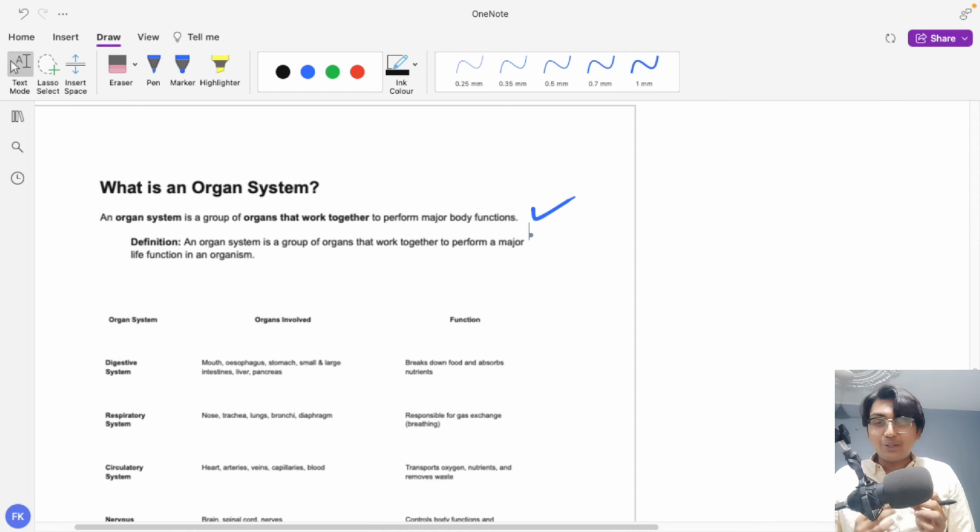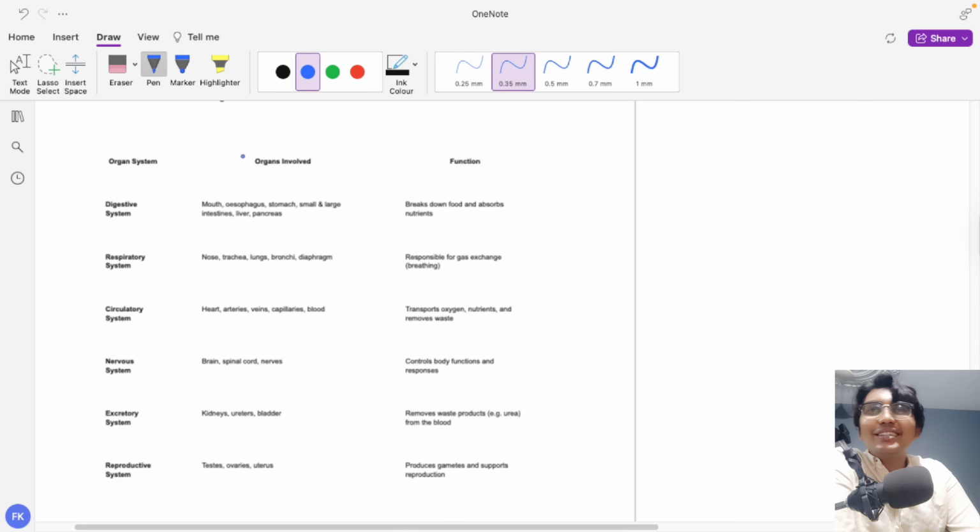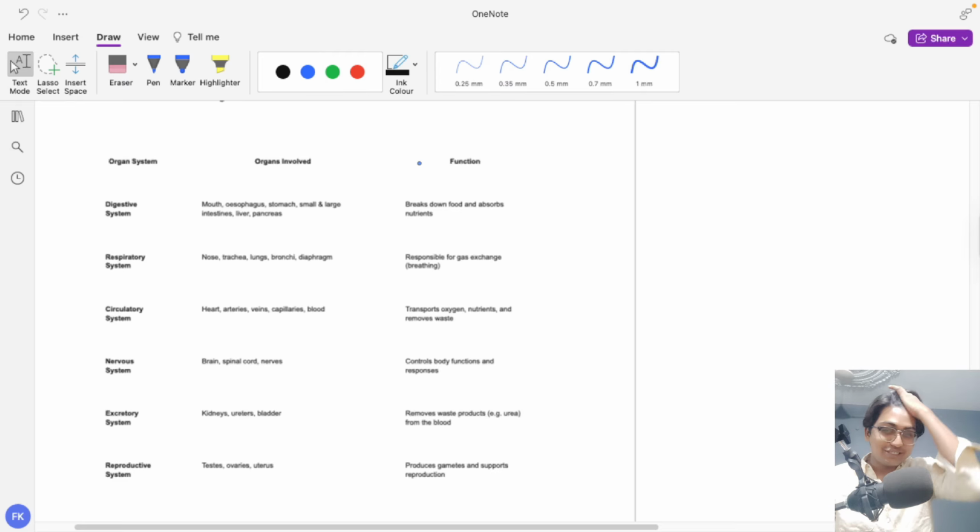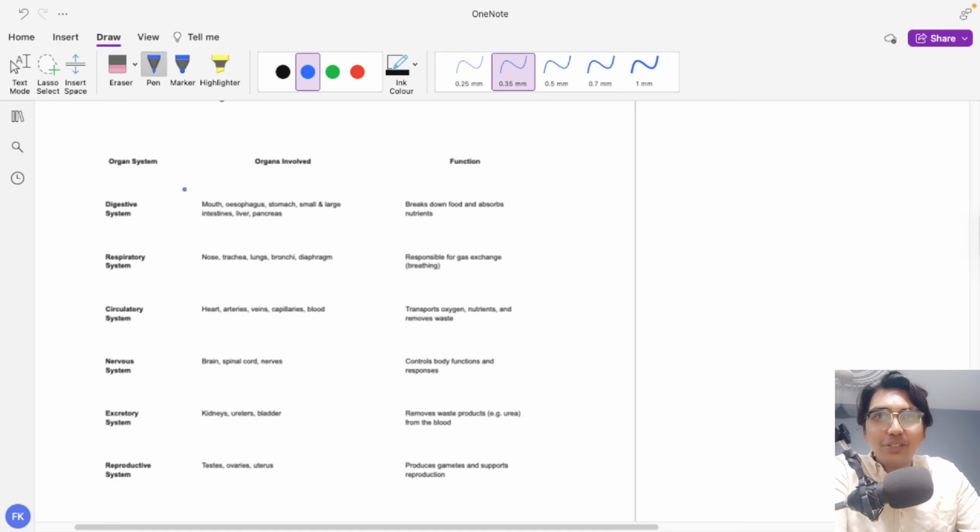Let's look at this. Let's look at the digestive system. The digestive system, as you can see, consists of the mouth, esophagus, stomach, small and large intestine, and liver, right? It has a very major function in the body, which is breakdown of food and absorption of nutrients, right? Now let's look at the respiratory system.